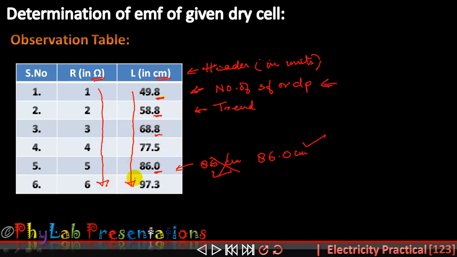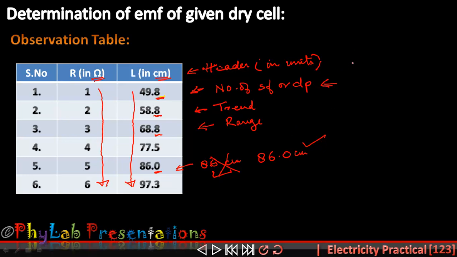So your reading must show the trend. Here in this particular experiment, as R was increasing, the length was also increasing. That's the third thing that your examiner will look for in your answer scripts. And the last thing he is going to take care of is the range of your readings. So the range of your readings will be the fourth point for which he is going to award you marks. So do remember these important points.